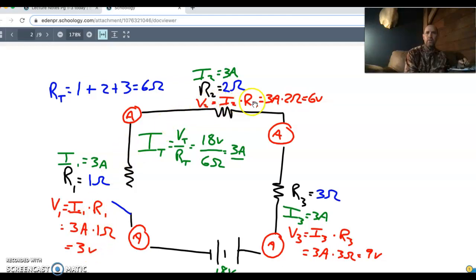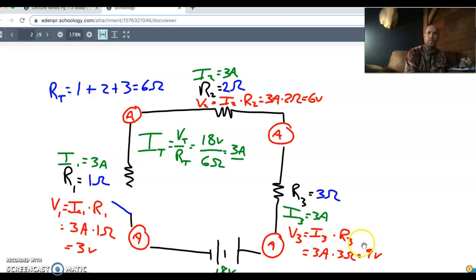V2 is I2 times R2, it's 3 times 2 ohms. Now we have 6 volts dropped. So we have 1 volt dropped, 6 volts dropped, so we've dropped 7 volts already out of our 18 volt battery. So at resistor number 3, we have 3 amps times 3 ohms. We have 9 volts dropped here.